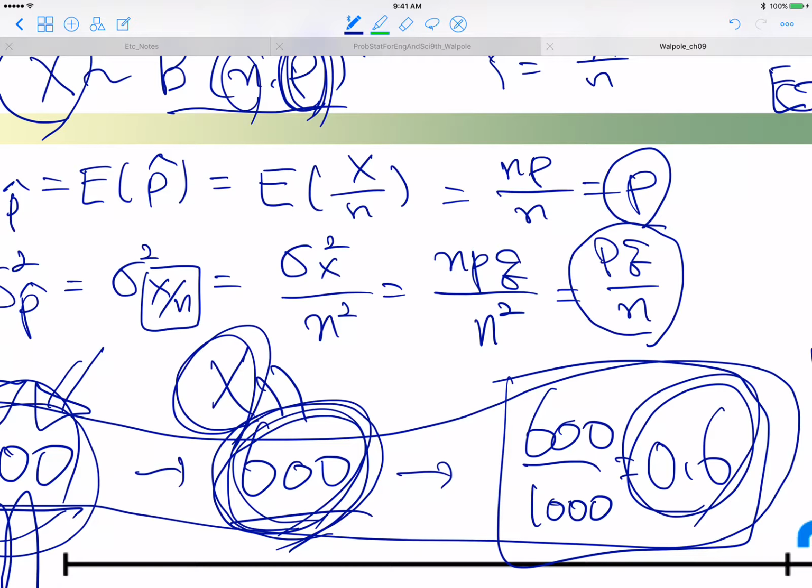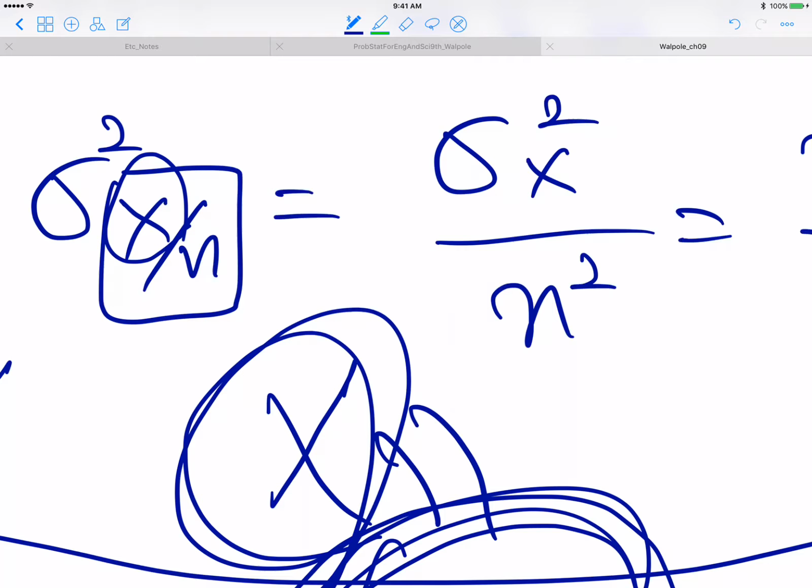So if n gets large, this x will be close to Gaussian, and our estimator x over n will also be Gaussian, because a Gaussian divided by n is also Gaussian, since n is just a fixed number.